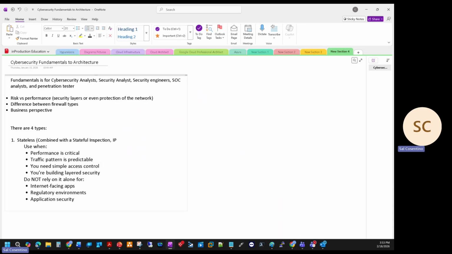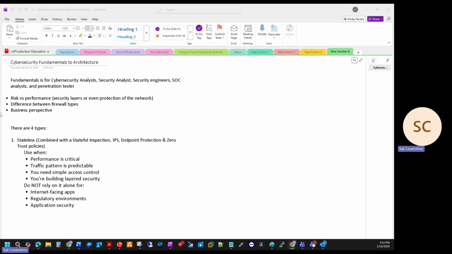So IPS, endpoint protection, and lastly we're going to be talking about zero trust policies. Okay, just think of it that way.